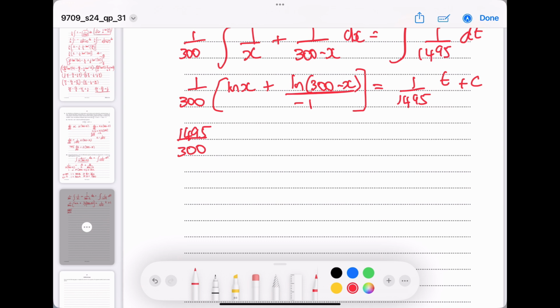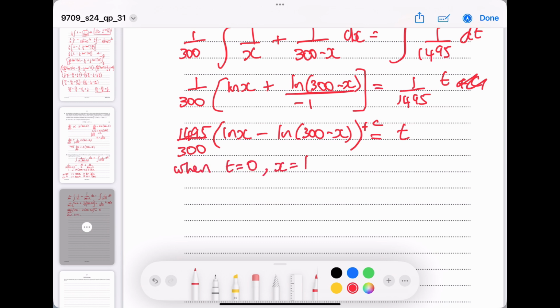So then I've got 1495 over 300 (ln x minus ln (300 minus x)) is equal to t plus c. We know that when t is 0, x is 1.